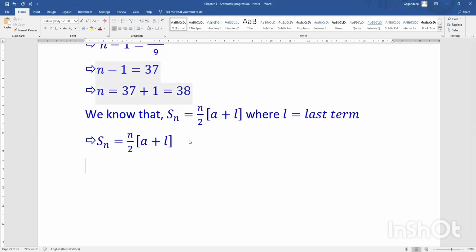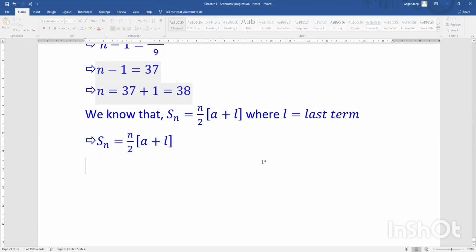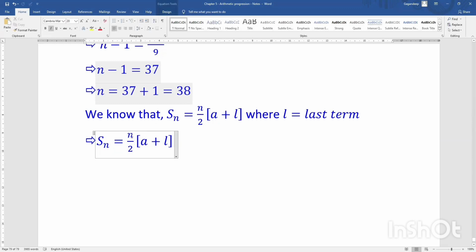Here I replace n with 38, the first term a with 17, and the last term l with 350.